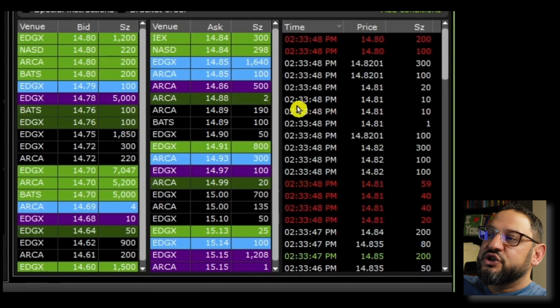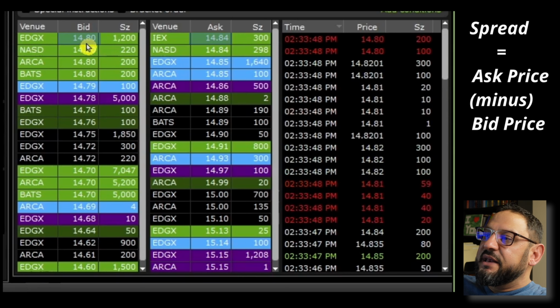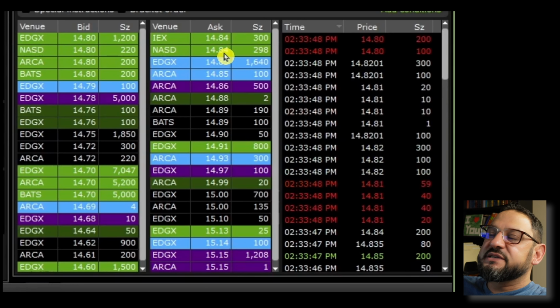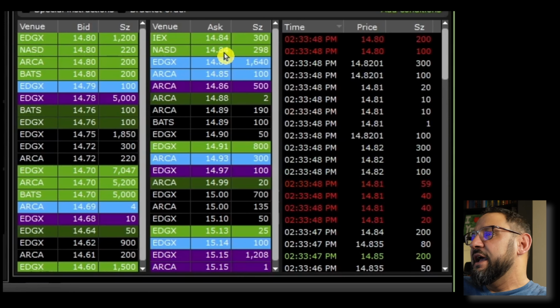There's only 2 shares at $14.88, and the one after, $14.89. The spread is the difference between the bid and the ask. So this is $14.80, this is $14.84, the spread is 4 cents. And that's important. You will know later in the video. I'm gonna point out the things that are important.